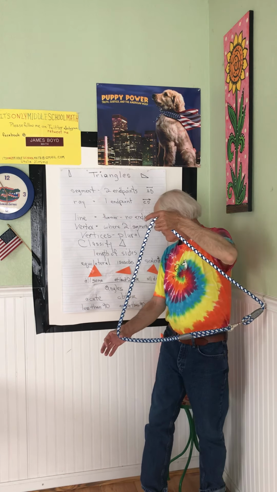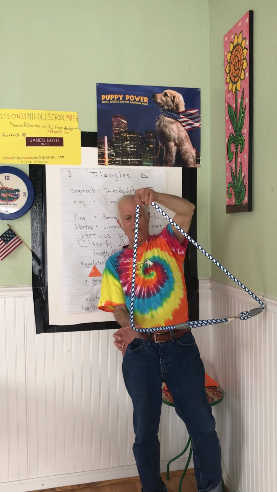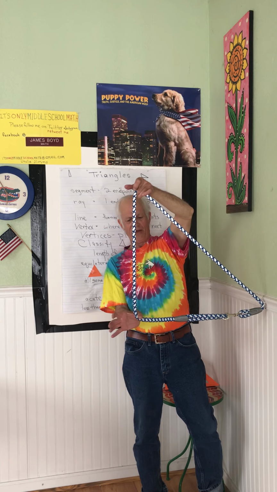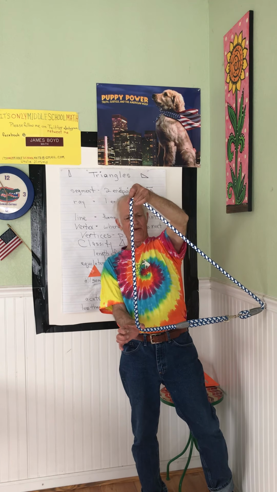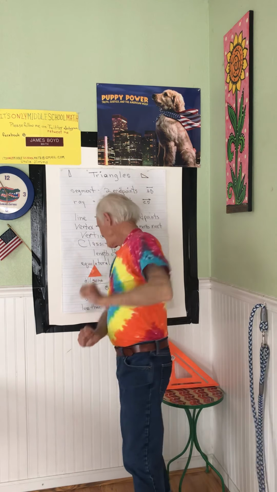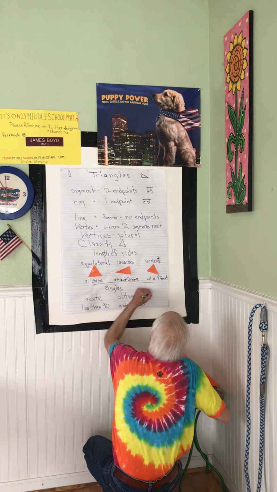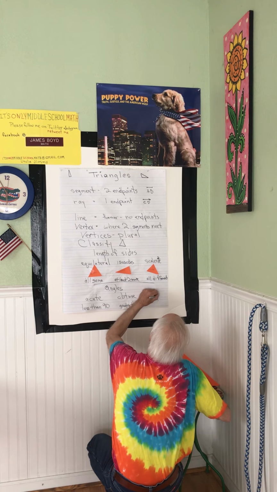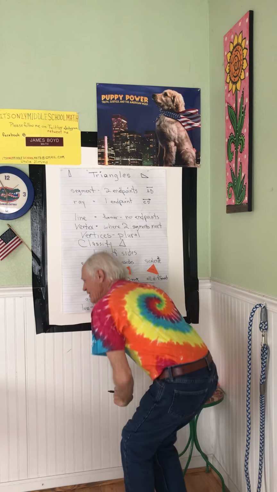Well then, our final most important triangle is what we call a right triangle. One that's got a 90-degree angle, and if you look at my thumb down here, I'm trying to make a 90-degree angle. That's a very special triangle. And it's got a 90-degree angle in it.